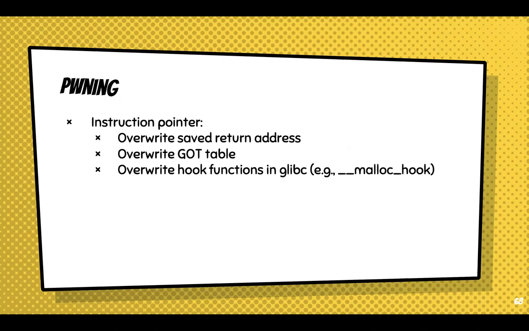The first is the saved return address, and this is on stack. The second is the global offset table. This is in the GOT section, which is also the data part of the code.